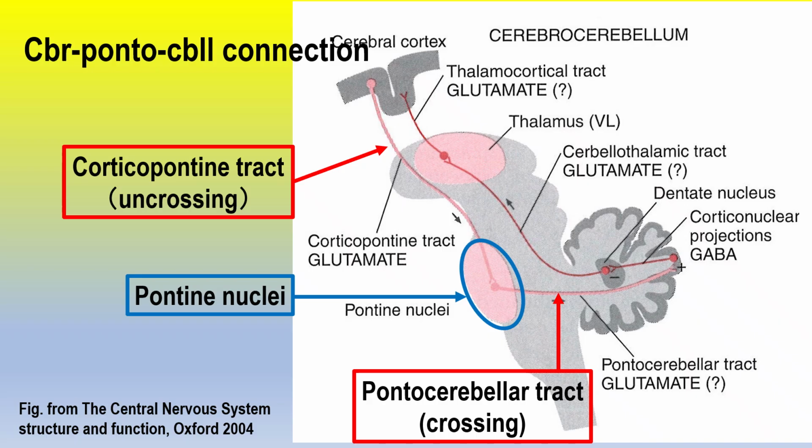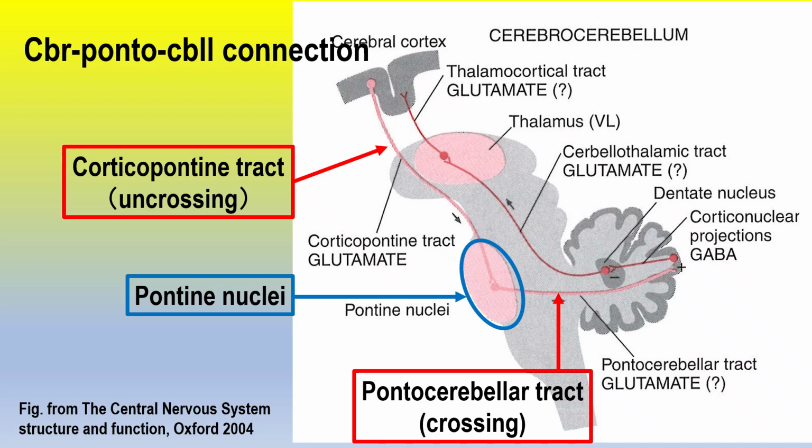The largest input to the pontine nuclei originates in the cerebral cortex, forming the cortico-pontine tract. The pontine nuclei process information received from the cerebral cortex and transmit it to the cerebellar cortex via the pontocerebellar tract.